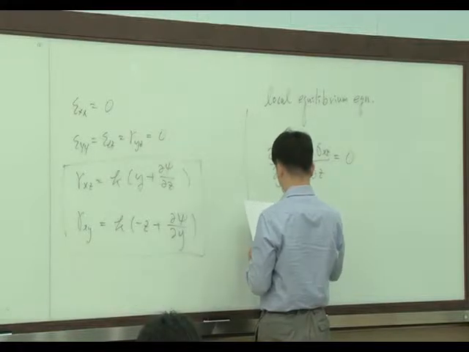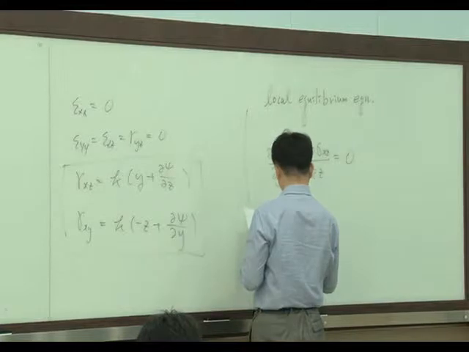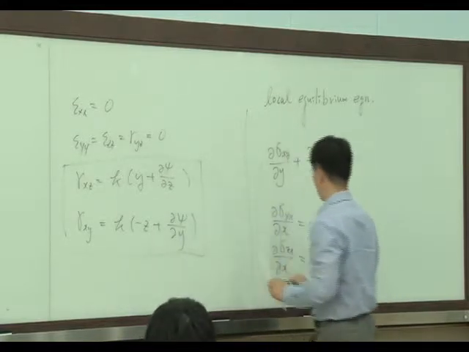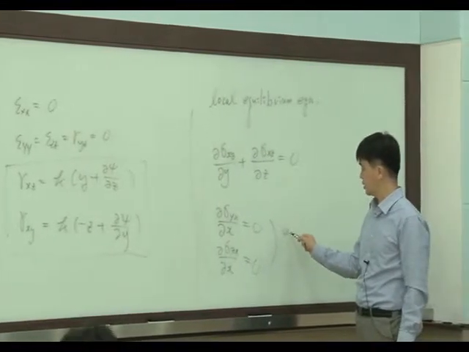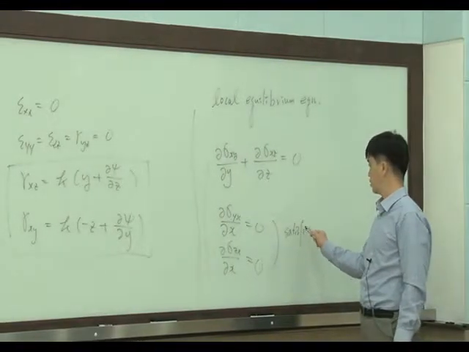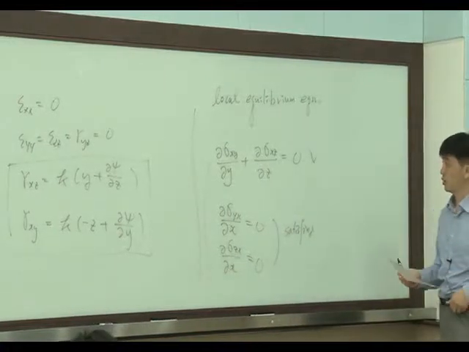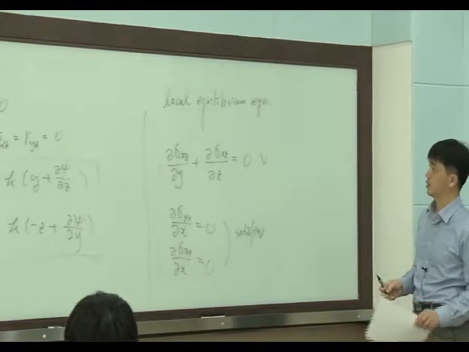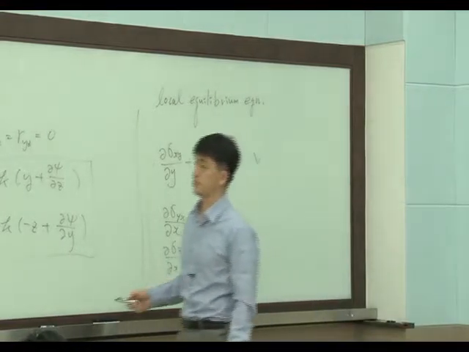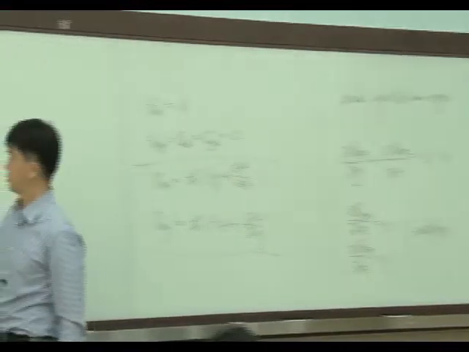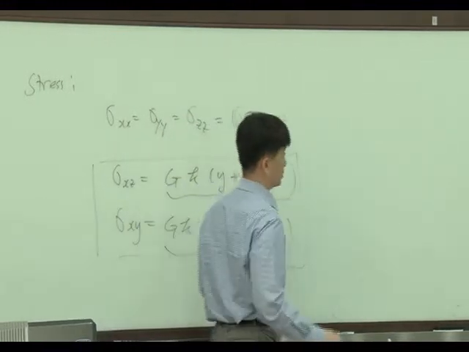Yx is 0, gx is 0. So two local equilibrium equations are already satisfied. So only one, we need to consider only one local equilibrium equation. Okay? And in this equation, let's yield this result.